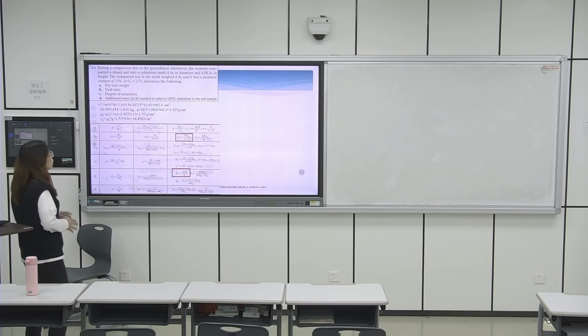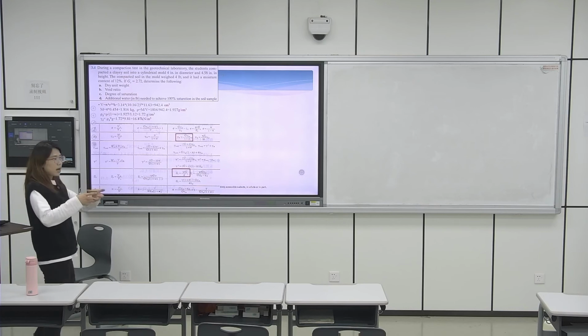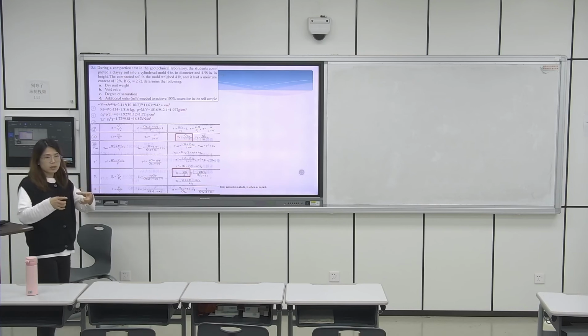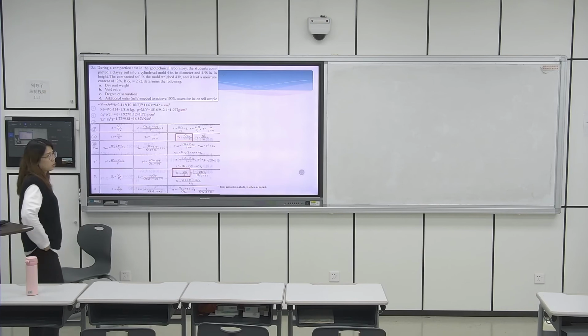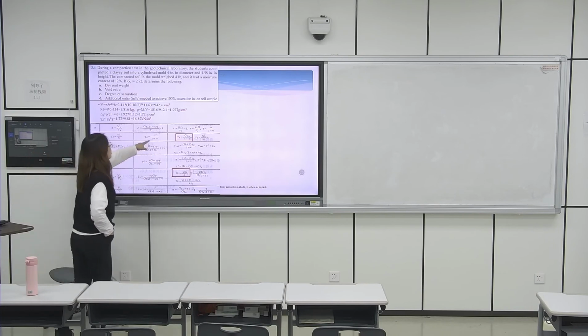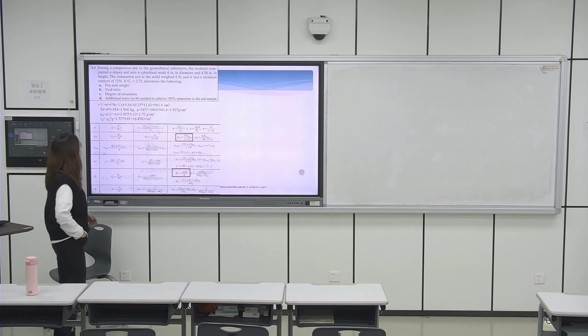You need to calculate it with the size of the mold. It gives you diameter and height of the cylindric mold. Then you can calculate the volume, right? So first calculate the volume, and with the weight of the soil, you can calculate the moist unit weight. And then with this equation, since we know the water content, you can calculate the dry unit weight.